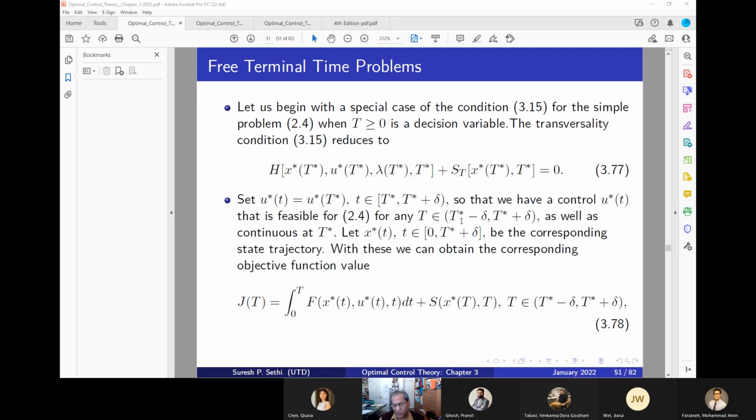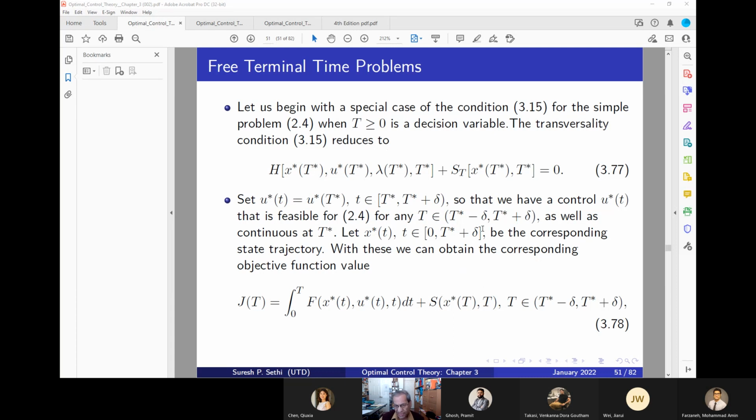Now, rather than solving this problem, I only want to show what I just argued. Because delta is small, I can take limits and make some approximation, so I don't have to be exactly optimal.